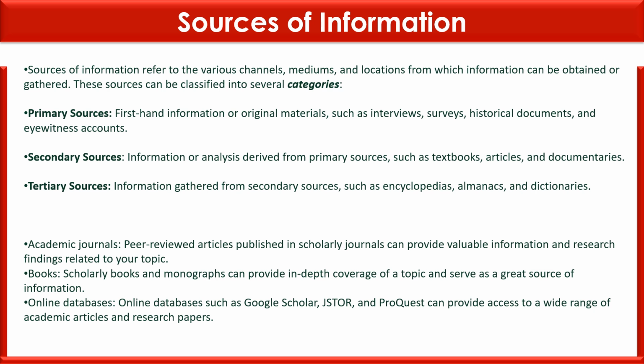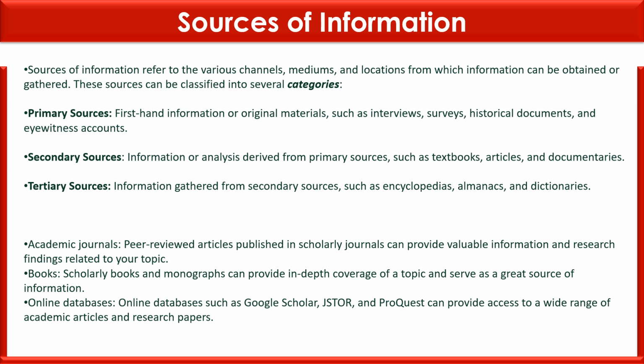So still on the sources of information, we have the academic journals, which basically are peer-reviewed articles published in scholarly journals. They can provide valuable information and research findings related to your topic. Then we also have books and online databases.